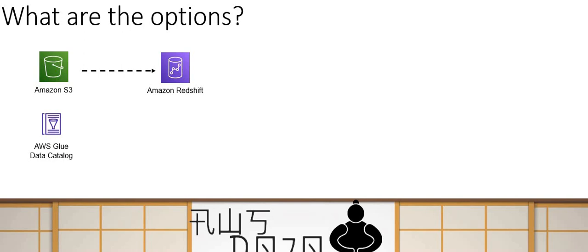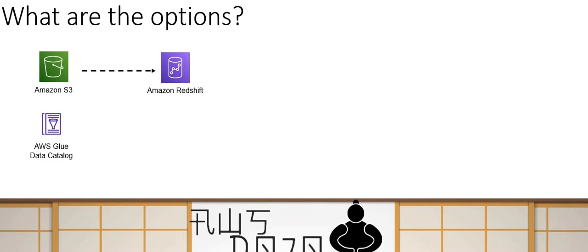If you don't catalog it, your data is kind of lost data because there is no way a user can know what data is there in the platform unless you have cataloged it. Okay, so cataloging is important. So you bring your data to S3, you catalog it, and then you want to move it to Redshift.